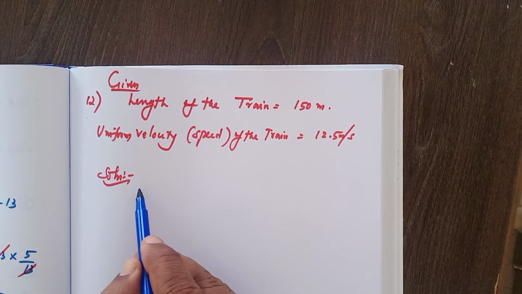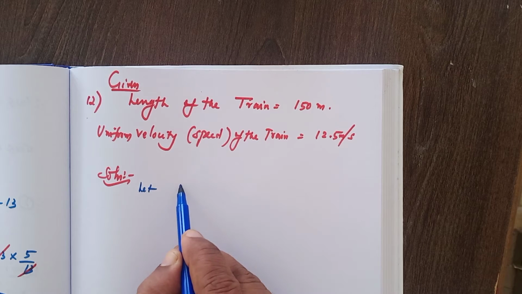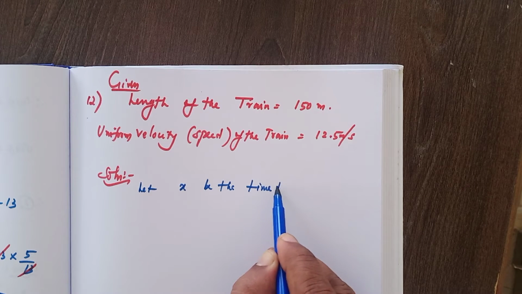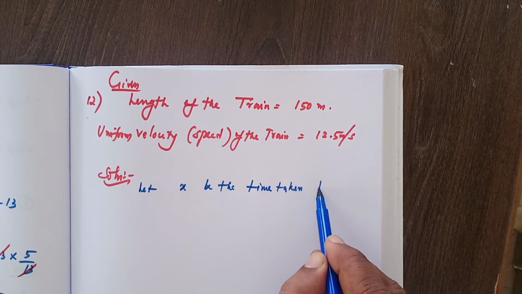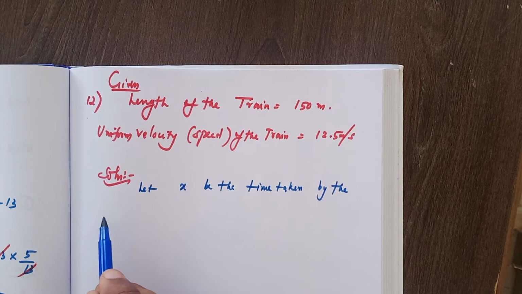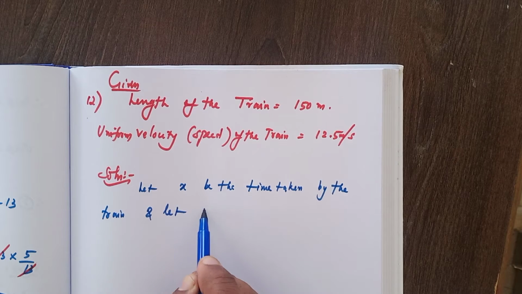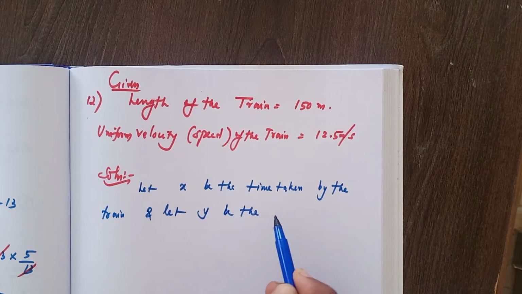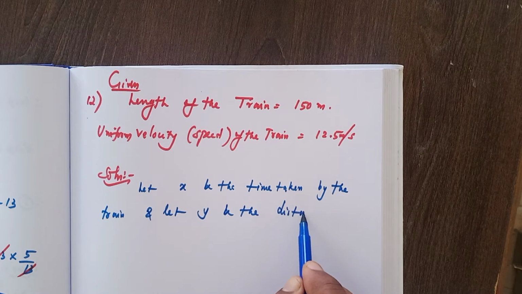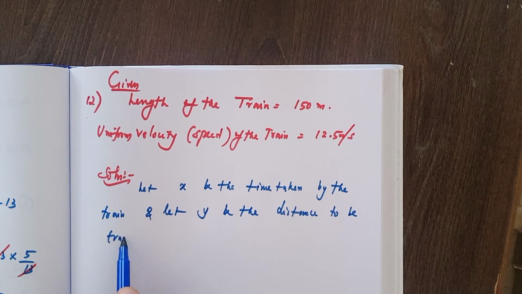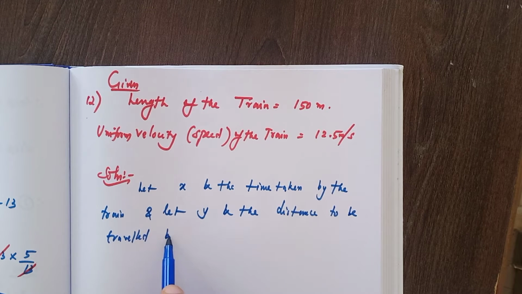Here, let x be the time taken by the train, and let y be the distance to be traveled by the train.